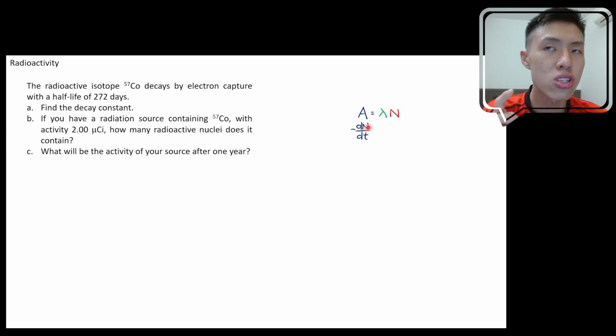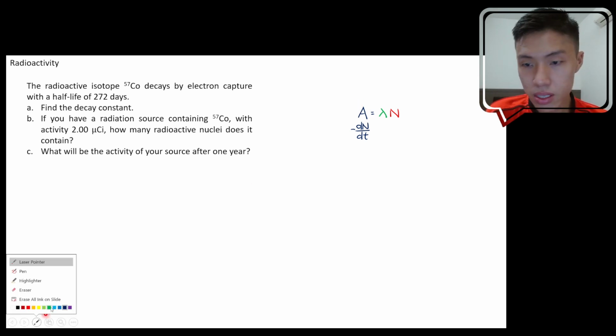But there's a negative sign because a decrease is negative in value. So this dN/dt is usually negative, but we multiply by a negative to get an activity which is a positive value, because activity is focusing on how many decays are happening per second. If I say 5 decays per second, then A equals 5 per second. But dN/dt is the change in the number of radioactive nuclei, so because it decreased by 5 per unit time, it's negative 5 per second.